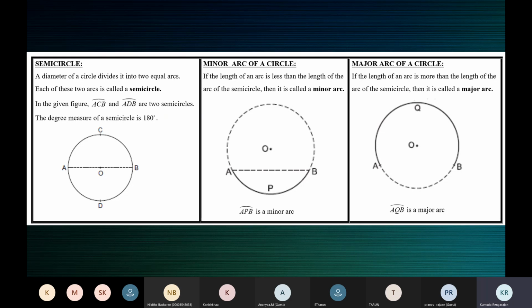These are the 3 different types of arcs you find in a circle: semicircle, minor arc, major arc.